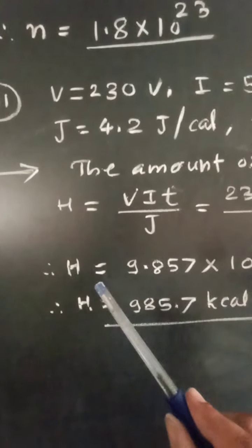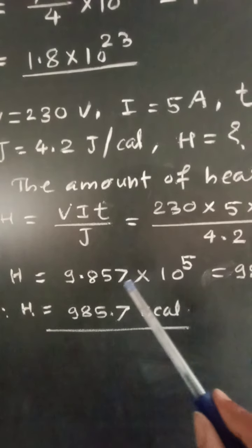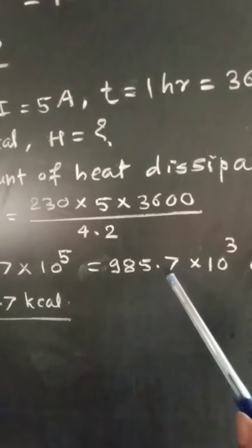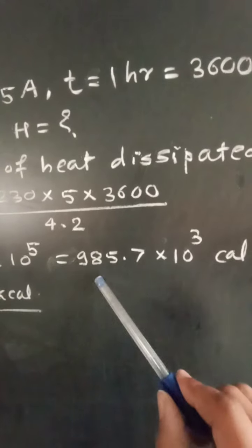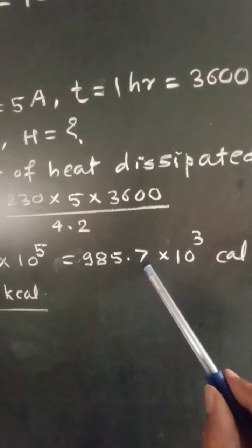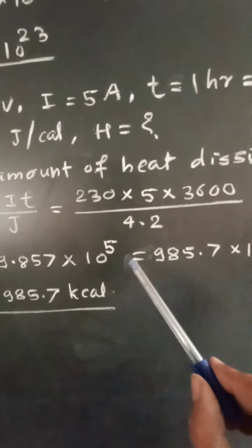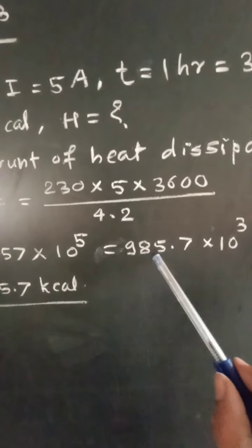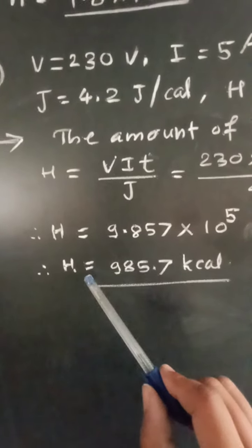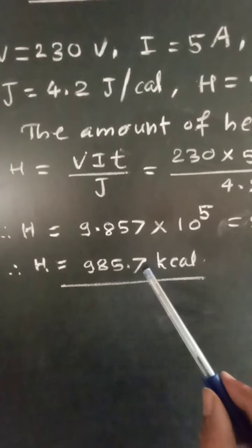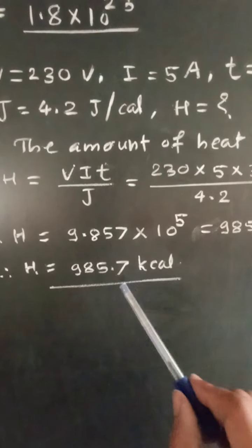Solving this, we will get H is equal to 9.857 into 10 raised to 5, which will be written as 985.7 into 10 raised to 3 calorie, which will be further written as H is equal to 985.7 kilocalorie. So this much amount of heat will be dissipated.